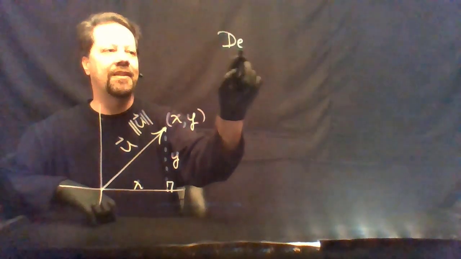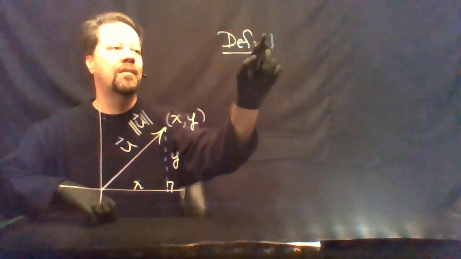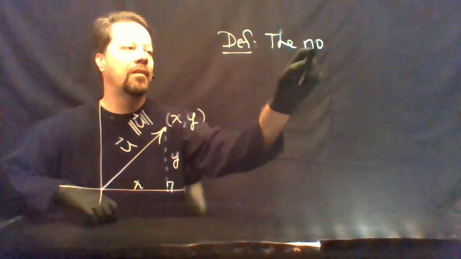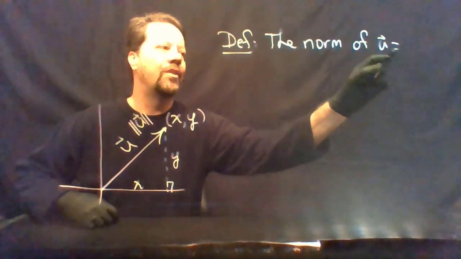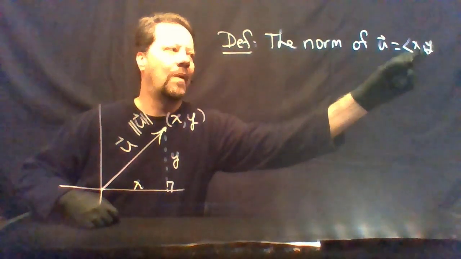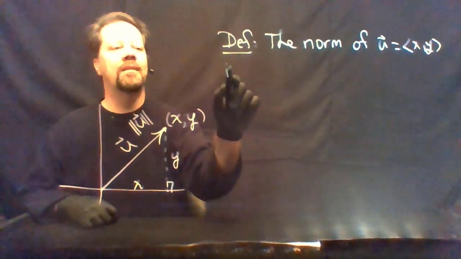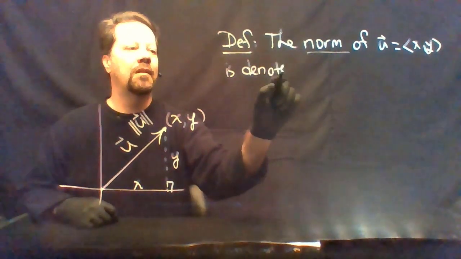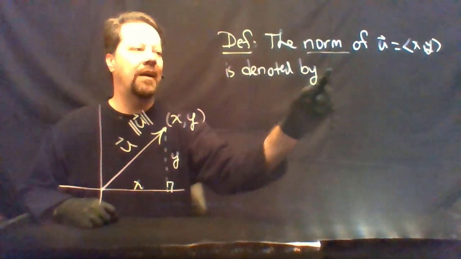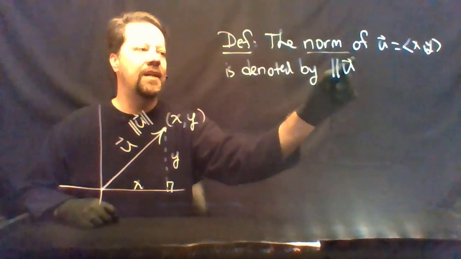We'll make this a definition. The norm of some vector u, which has coordinates x and y, is denoted by this double bar.